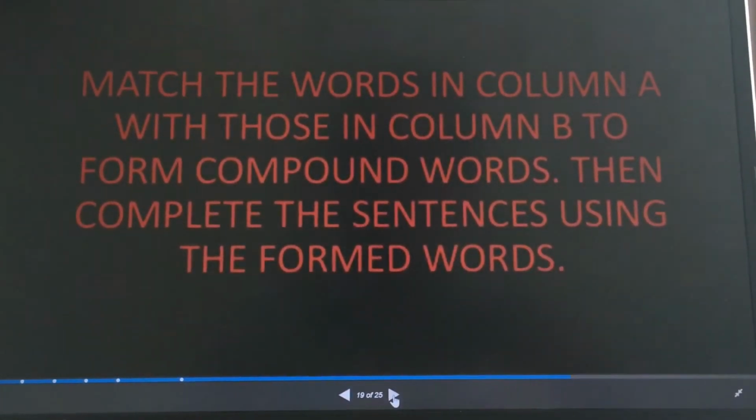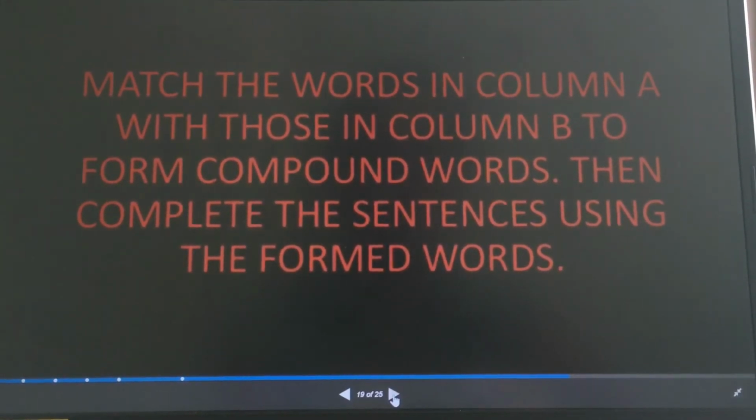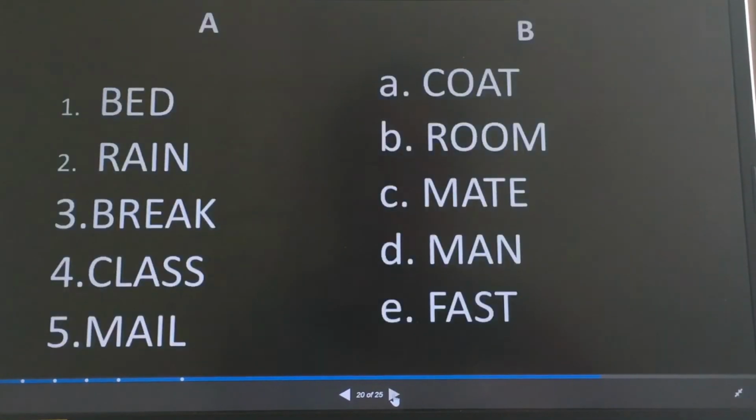Let's see if you can match these words in column A with those in column B to form compound words. Then we're going to use them in completing the sentence. Who can make a compound word using these words?